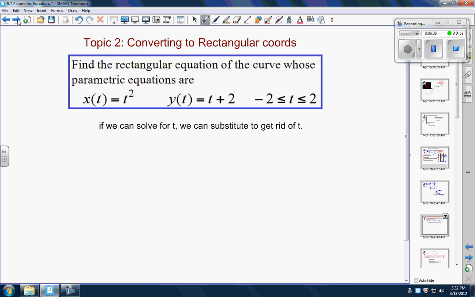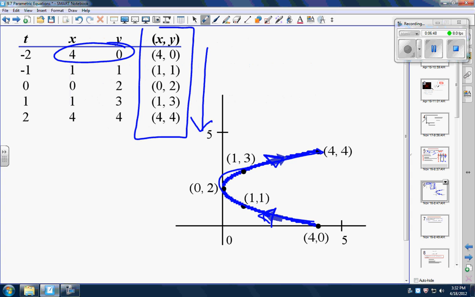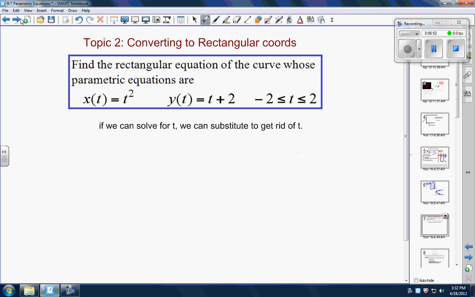Next topic, how do we convert to rectangular coordinates? So it's asking us, here's the same parametric equations, but how are we going to get that parabola in rectangular? So we're basically graphing rectangular things in rectangular, polar, and parametric. If you can solve for t, you can substitute to get rid of it.